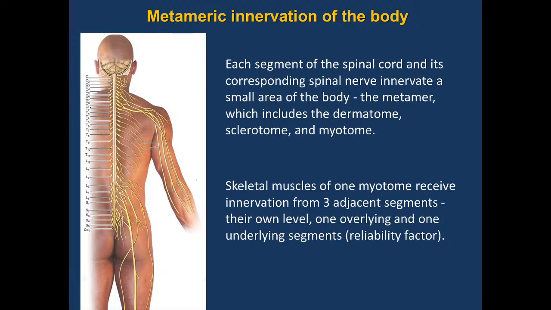So each small segment innervates some part of the body, including upper and lower extremities, and this principle we call metameric innervation of the body.